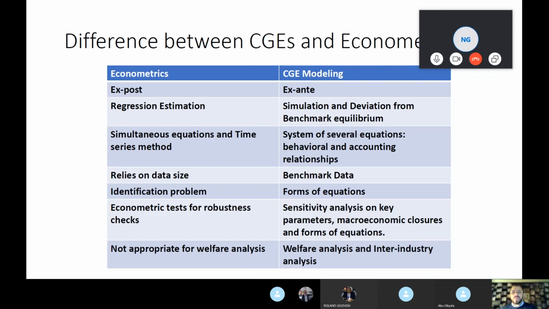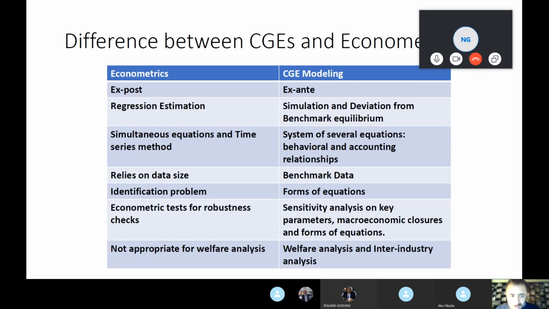We have either behavioral equations or accounting relationships. So behavioral equations are related to utility maximization, cost minimization, profit maximization, and so on. And the second type of equations that we have in CGE models is accounting relationships, like GDP is equal to C plus I plus G plus X minus M, for instance.